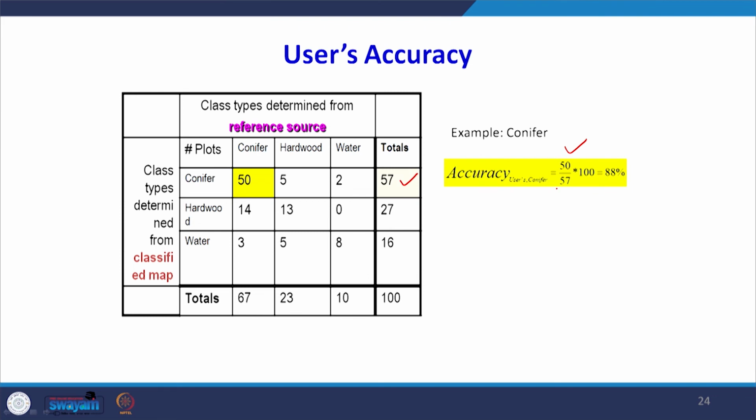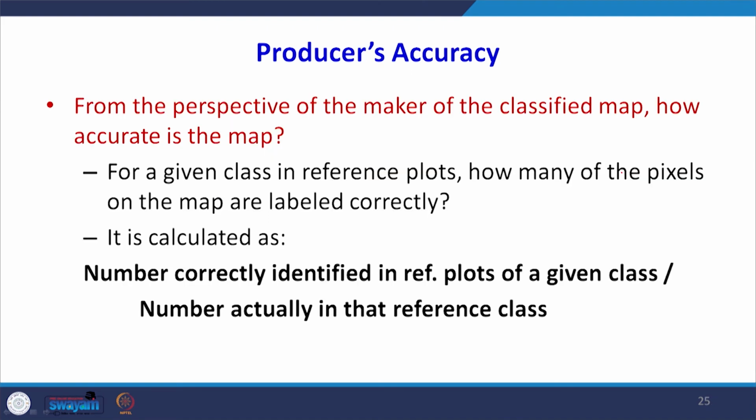So, 50 divided by 57 multiplied by 100 is 88%. So, if we are talking of the accuracy of the coniferous, a coniferous forest has been identified with only 88% accuracy, although the overall accuracy of this map may be much higher.